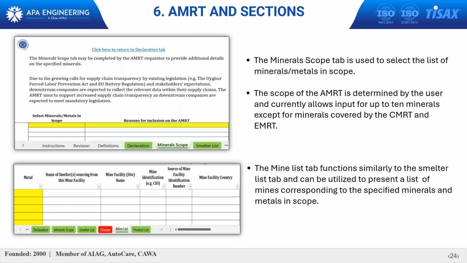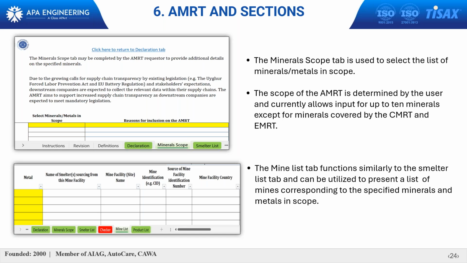So before moving to the next topic, I would like to mention upcoming updates. I begin with EMRT. We have an interesting update on EMRT. RMI will release EMRT 2.0 in April 2025, which will include the addition of 4 new minerals to the extended minerals reporting template. They are copper, natural graphite, lithium, and nickel.